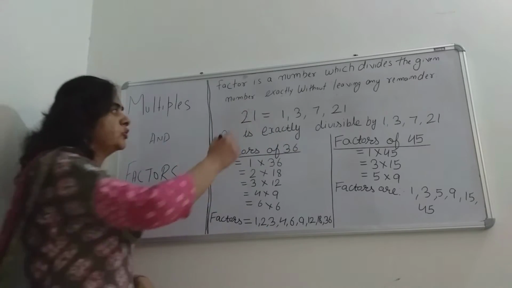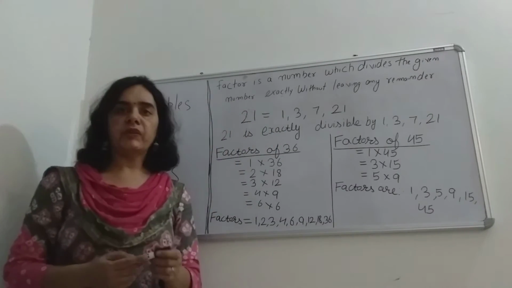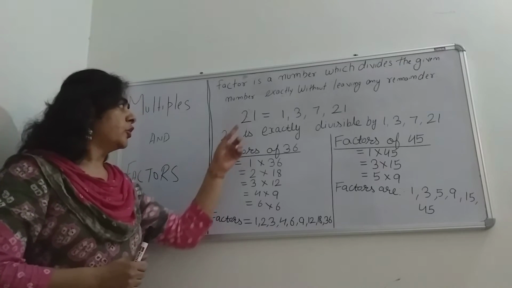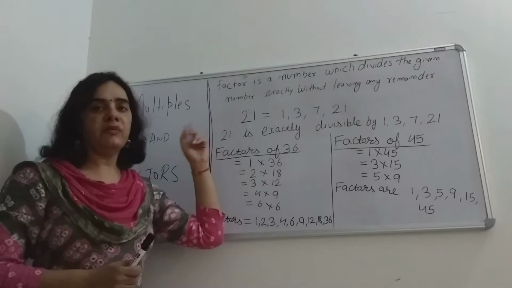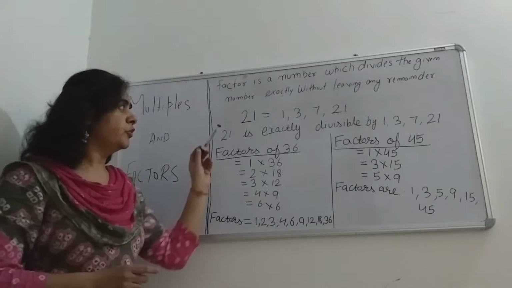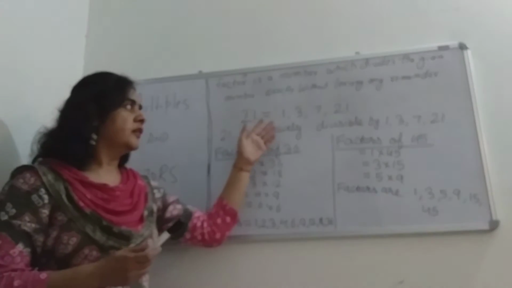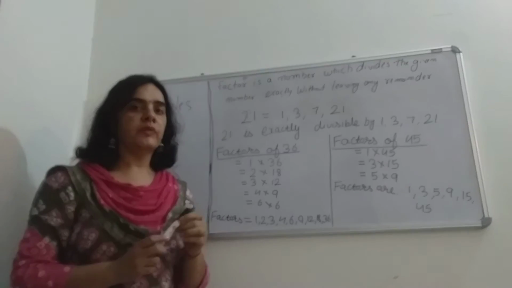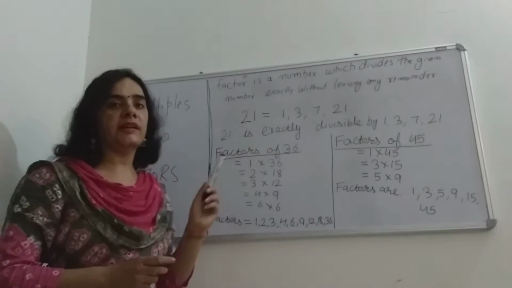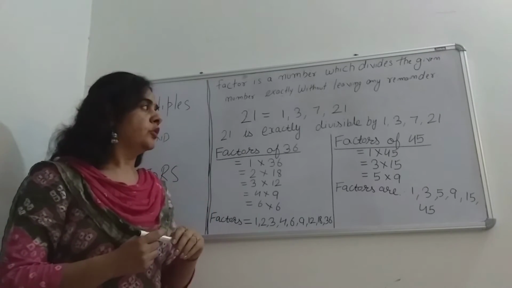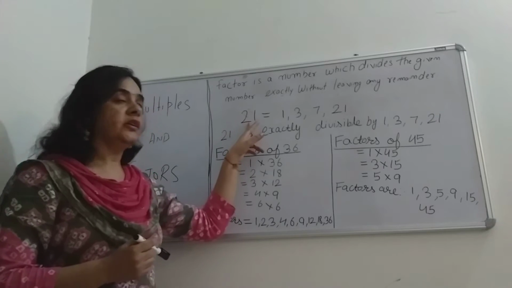Second, you will try with 2, whether 2 is a factor of 21 or not. So how will you do? You will divide 21 by 2. If you divide 21 by 2, you will see that the remainder is not 0. 21 is not exactly divisible by 2.